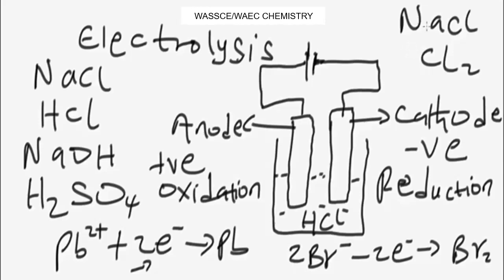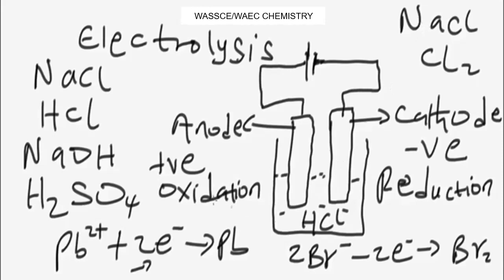So when negative ions migrate or get attracted to the positive electrode, they get oxidized by losing electrons to form their molecule, the gaseous form of the atom. If oxygen goes to the anode, it will form oxygen gas.